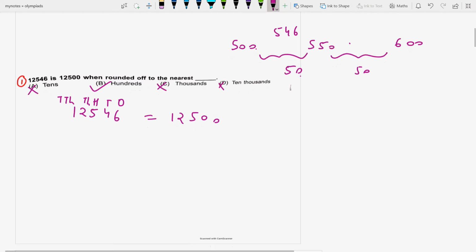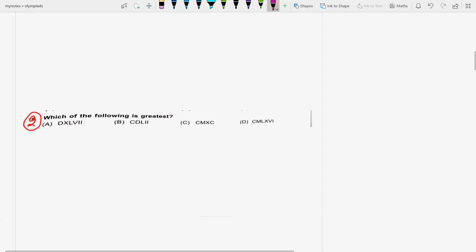Okay, next question, which one of the following is greatest? This is actually related to Roman numerals. First of all, let me give you some idea about the Roman numerals. Each symbol has a corresponding value.